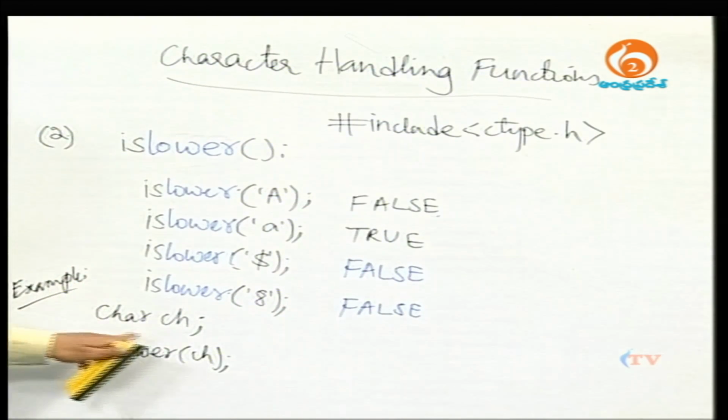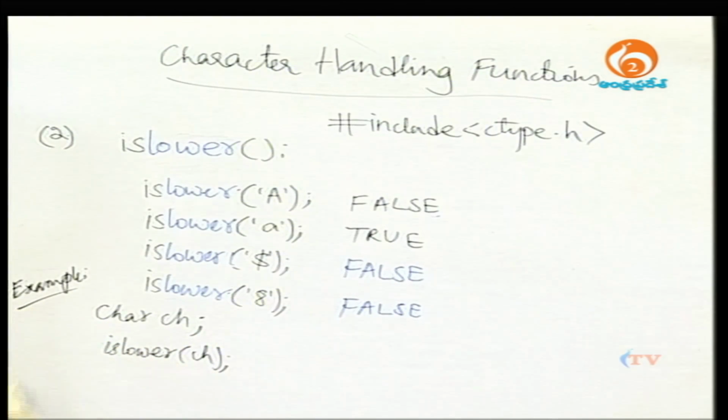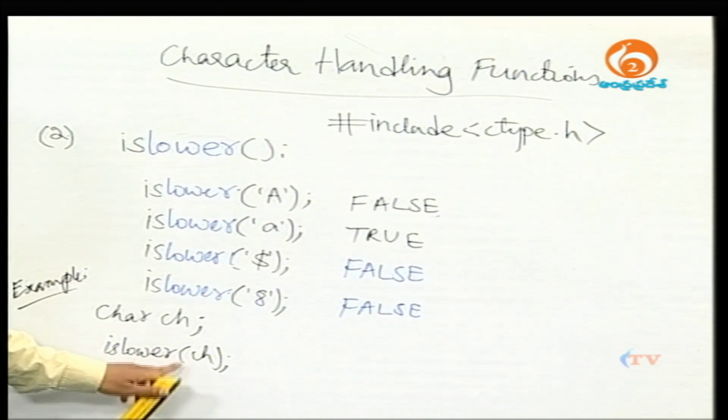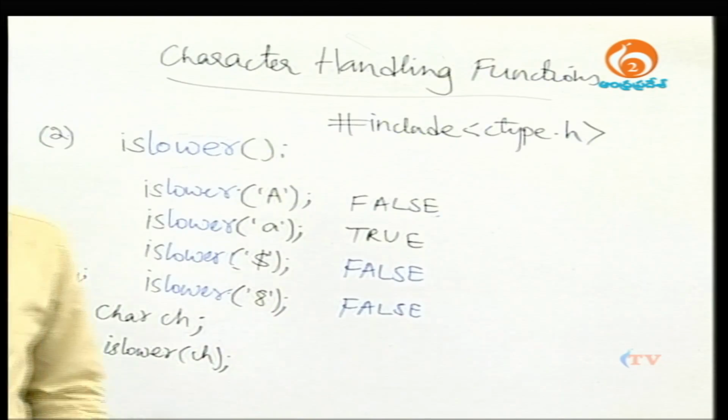Wherever ch contains a lowercase letter, only then it returns true, otherwise false. This is the definition of islower.